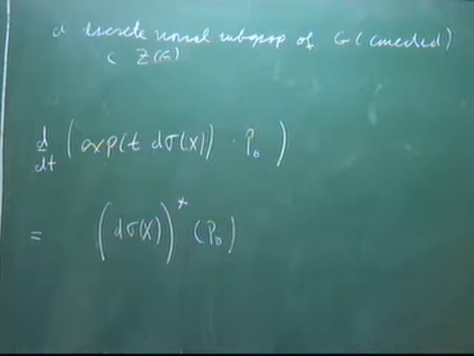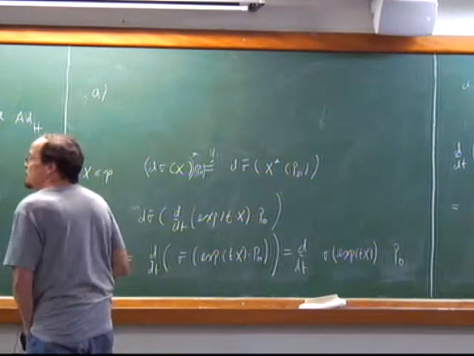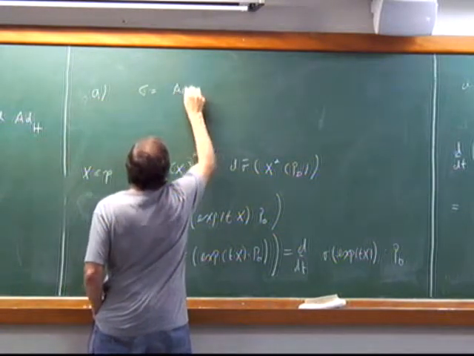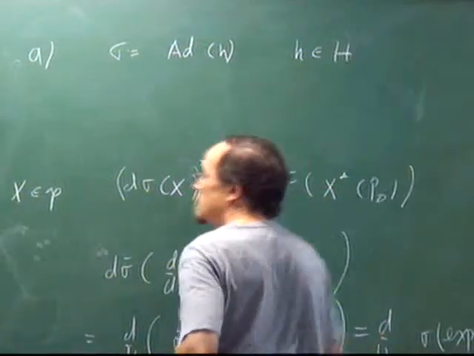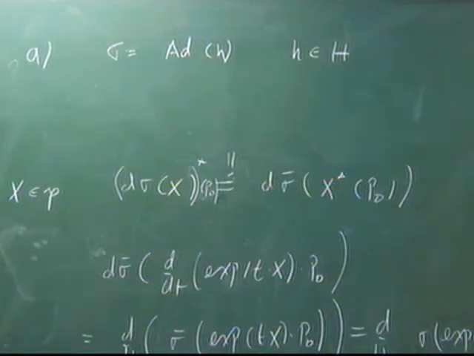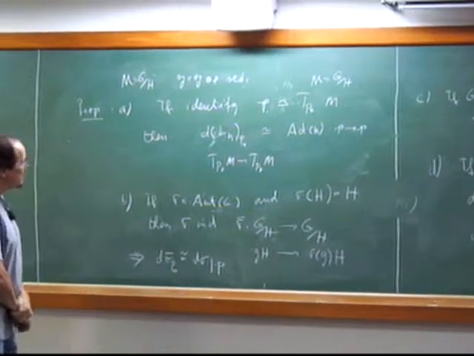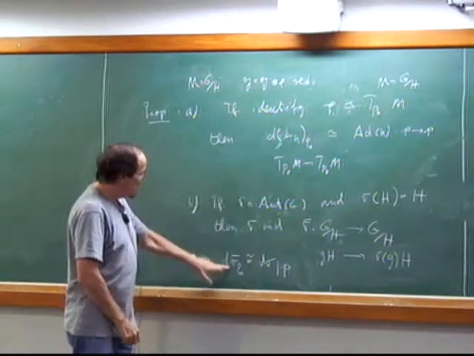A now follows easily. I simply use B by letting sigma be Ad h, where h lies in H. I want to show that Ad h is the same thing as the differential of L h. So this here becomes d sigma bar.